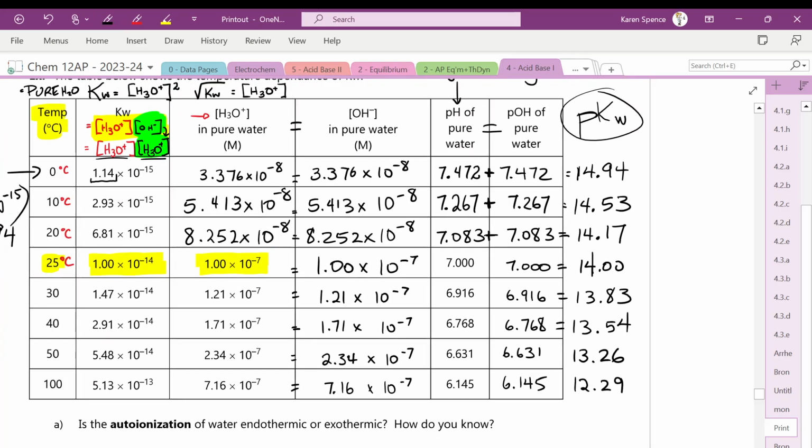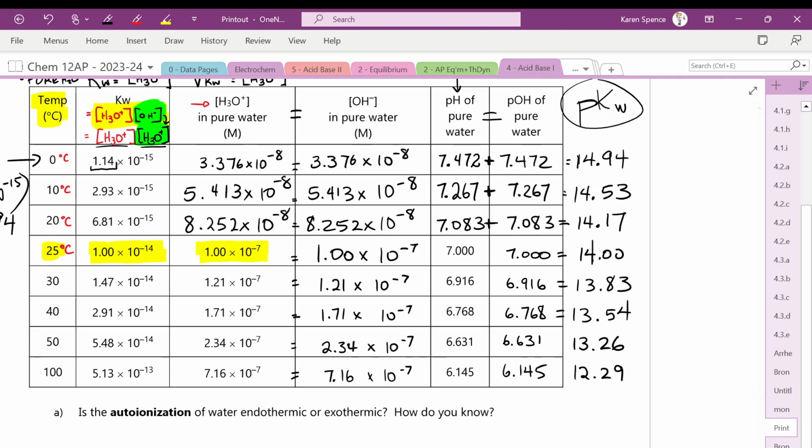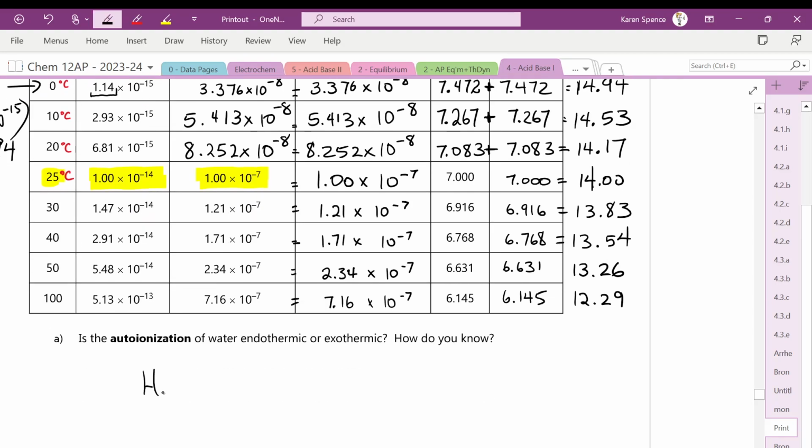Now I would like you to try and figure out if the autoionization of water is endothermic or exothermic. Just like a question you might do on your equilibrium test, yes?